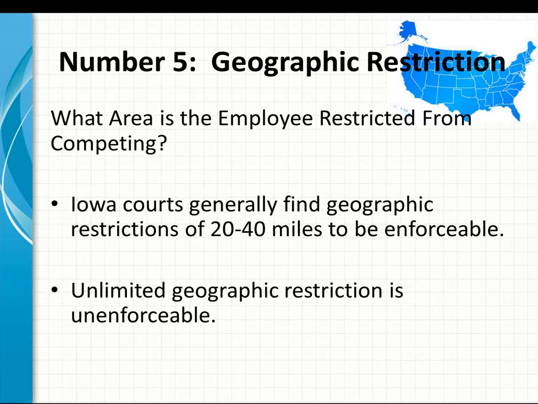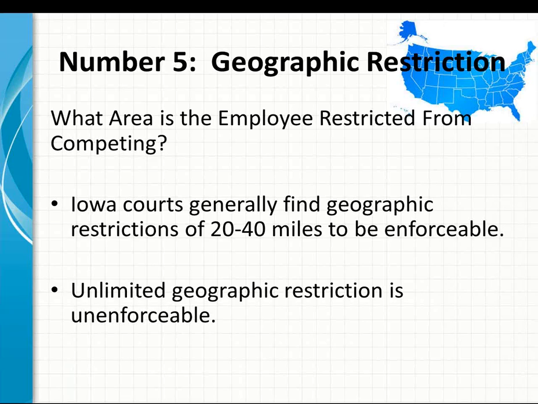Unlimited geographic restrictions are unenforceable, as well as nationwide restrictions, which I mentioned before. Again, the validity of a geographic restriction depends on the nature of the bank's business, the geography in which the employee actually worked, the location of customers, and whether the restrictions would cause an undue hardship on the employee.